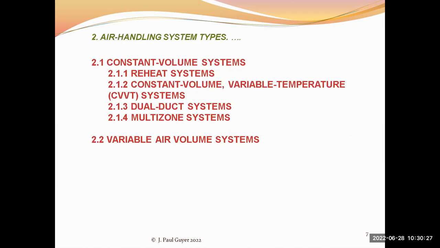So this allows a good control scheme throughout a floor or throughout a building, because everybody can have their own thermostat and they can set it however they want it, and they can control the air in their space, and that's all fine and dandy.